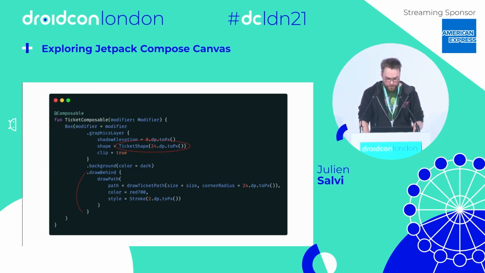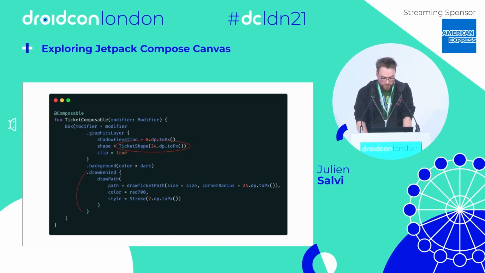And for example, I don't know if you noticed, but there is a dotted outline inside the ticket. So for that, I'm going to access the canvas of the composable here, and I'm going to draw the same path I will be using for drawing the ticket, but inside the canvas to render the dotted path inside the ticket.